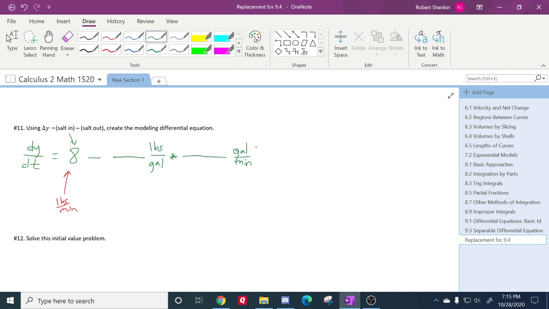All right, so at what gallons per minute is the brine leaving the tank? 4 gallons every 1 minute.